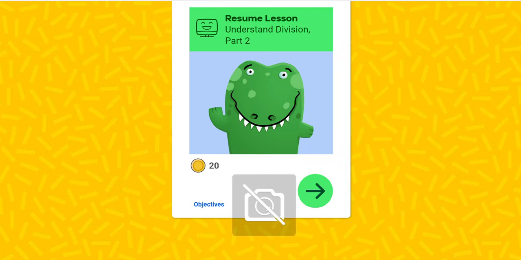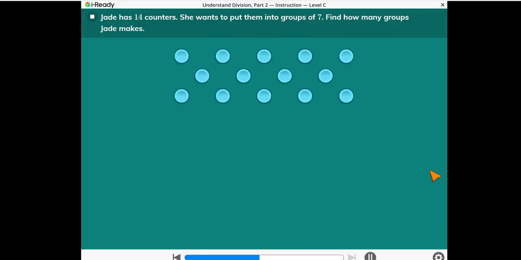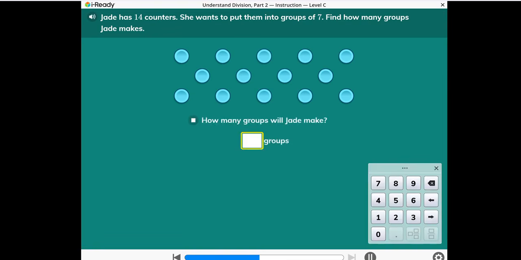I love it too. Today I'm going to do Jade has i-Ready, 14 characters. Reading. She wants to put them into groups of 7. Find how many groups Jade makes. How many groups will Jade make?